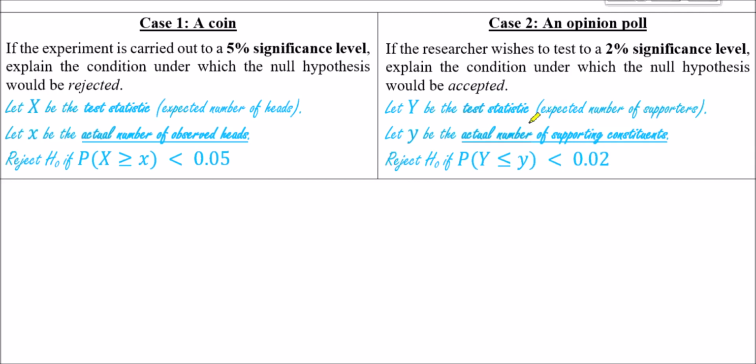So if Y is the test statistic, the expected number of people supporting her, and little y is the actual number of constituents that supported her from the sample, we'd reject H0 if this number y was so small that the chance of the test statistic taking on the value of y or smaller is less than 2%. Then we'd say, with at least 98% certainty, actually yes, this candidate is overestimating her support. This will make more sense, please trust me here, with some examples.